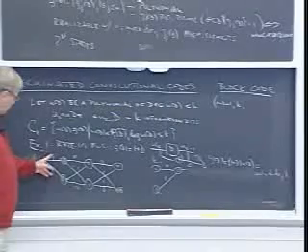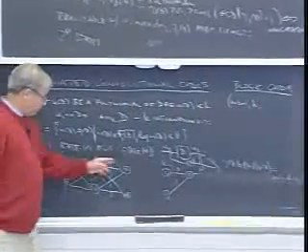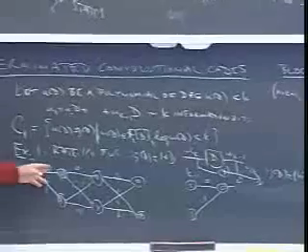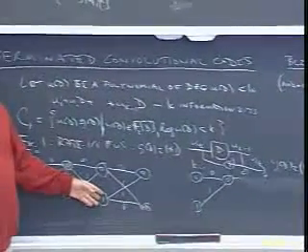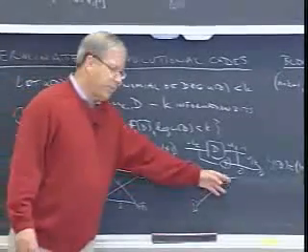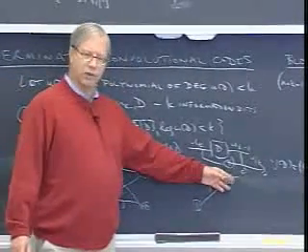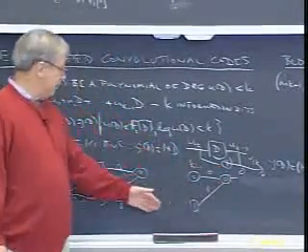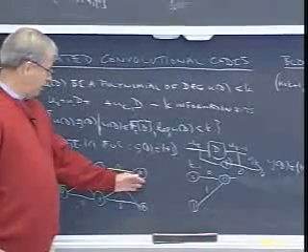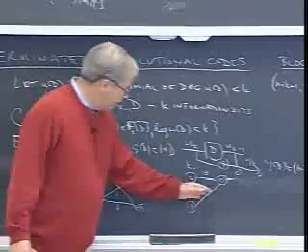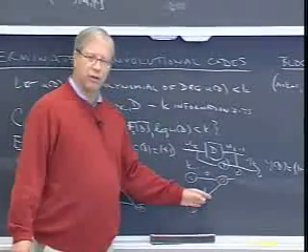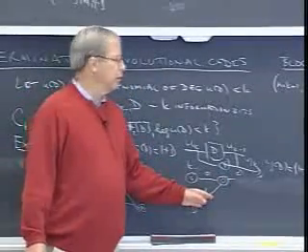My typical argument: I have the all-zero sequence. If I ever leave the all-zero sequence, I accumulate 1 unit of Hamming weight. And I need ultimately to come back to the all-zero sequence because I've made everything finite here. So in this case, I can make the argument that I always have to come back to the all-zero sequence. Whenever I merge back into the all-zero sequence, I'll accumulate another unit of weight.